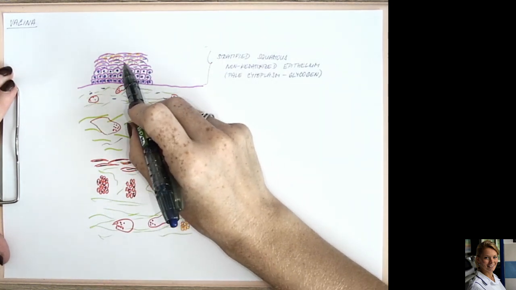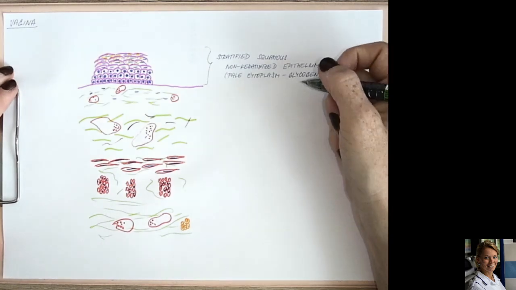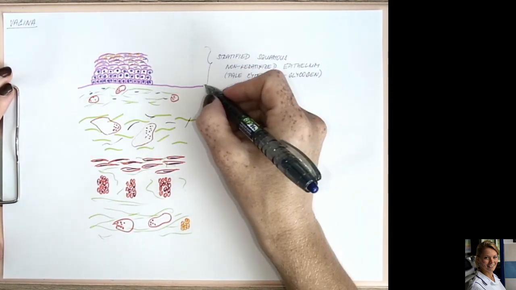Glycogen is yellow in the cytoplasm of superficial cells.